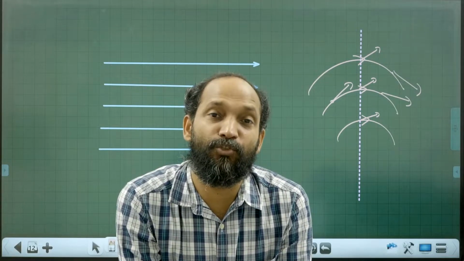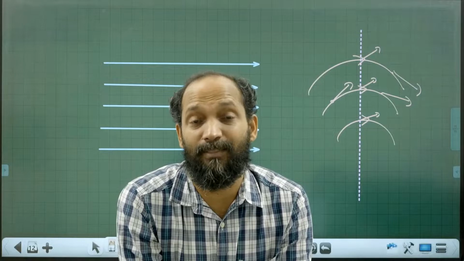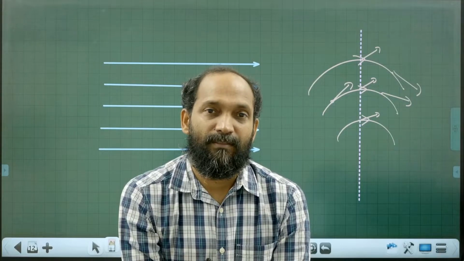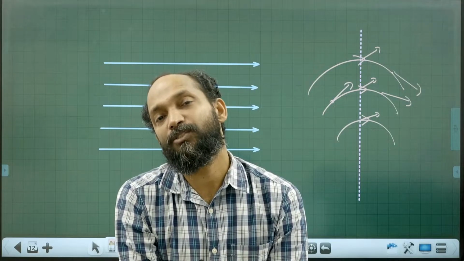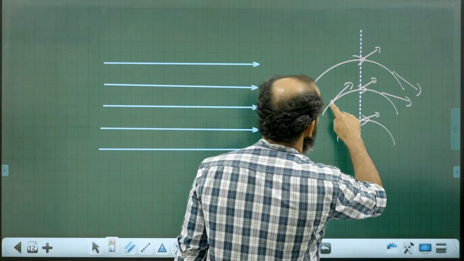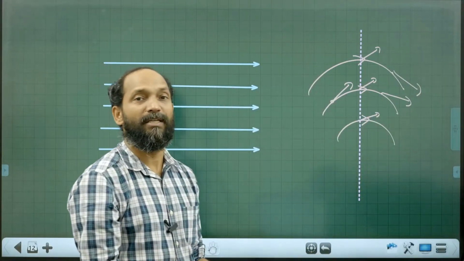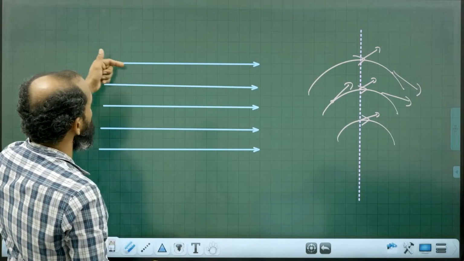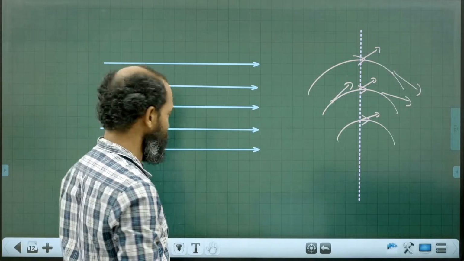Uniform means it should be uniform in space and time. It should not vary with time. It should not vary with space. So that uniform nature should be in space as well as in time. Here the tangents are not showing the same direction. That's why it is non-uniform. But here, you draw a tangent to any point, that will be uniform.